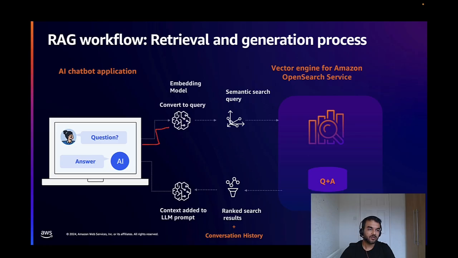The VectorDB tool will receive the question in plain text. It will talk to the embedding model hosted on Bedrock, get the embeddings back, and perform the semantic search in OpenSearch. OpenSearch will respond with the top relevant results. Now, these documents will be sent to another tool called the ML model tool, which will send these ranked results, conversational history, and the user question to the LLM hosted on Bedrock.